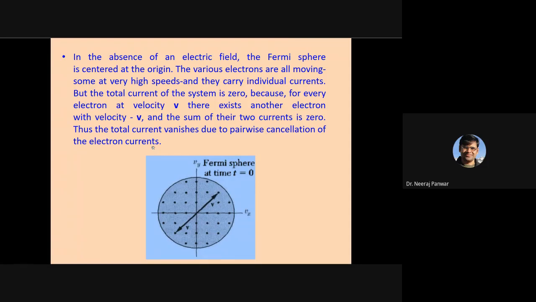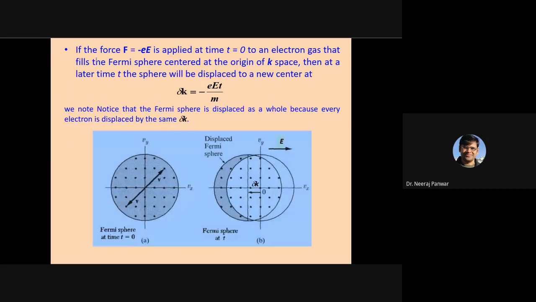Now we would like to see what is going to happen if we apply an electric field. We have seen that the force of the electric field on the electron would be minus e times capital E, and this force is applied when the Fermi sphere is centered at the origin, considered at time t equal to 0.